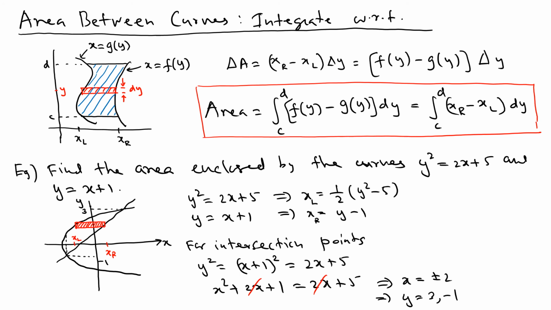We know what the left curve and right curve are, and we also know the limits go from -1 to 3. So we can write the integral now. The area is the integral from a to b of the right minus left, a dy problem.